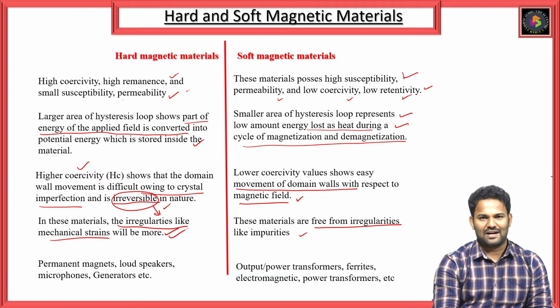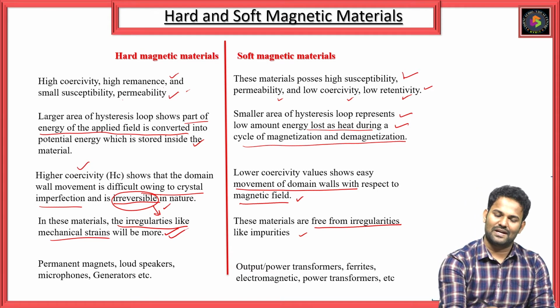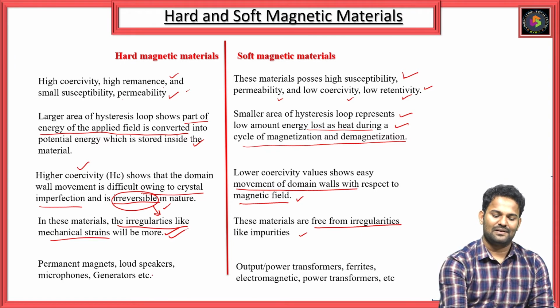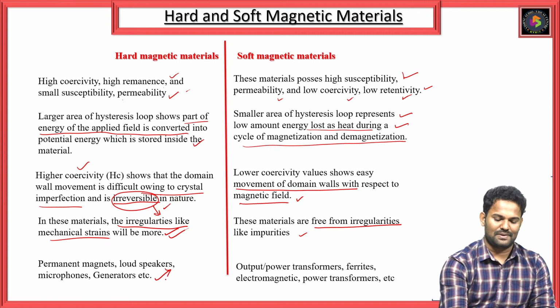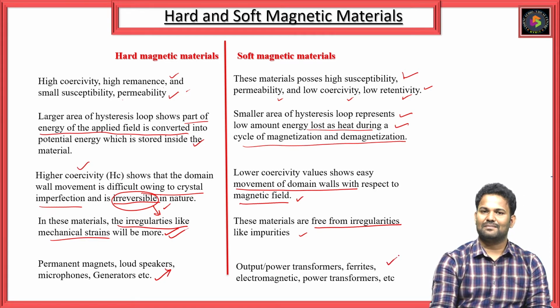So the examples for the hard magnetic materials are the permanent magnets, and we use these permanent magnets in loudspeakers, microphones, generators, and to lift vehicles, in cranes also some electromagnets we apply. In the case of the soft magnetic materials, power transformers and ferrites.